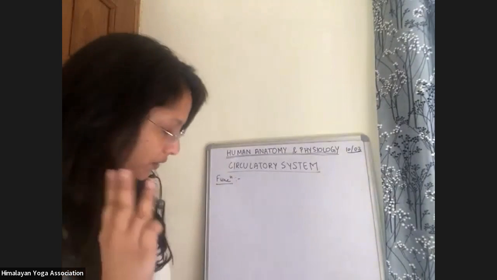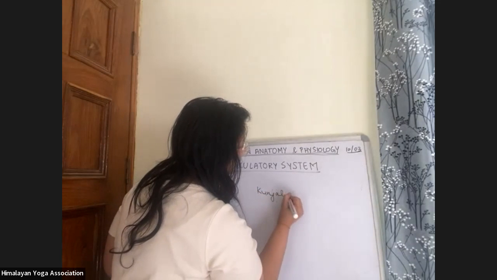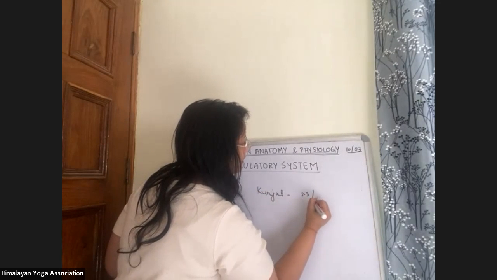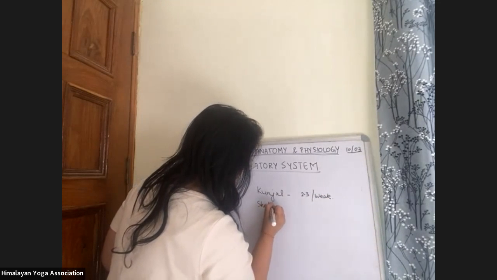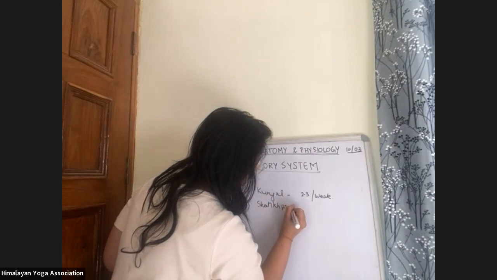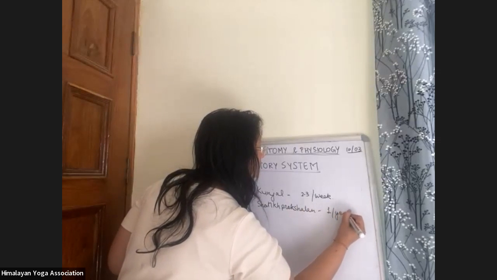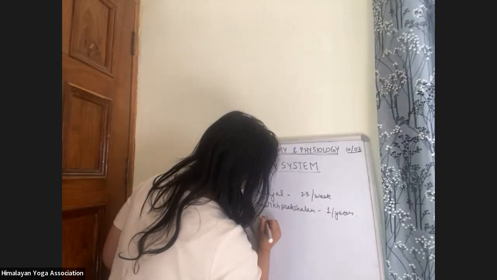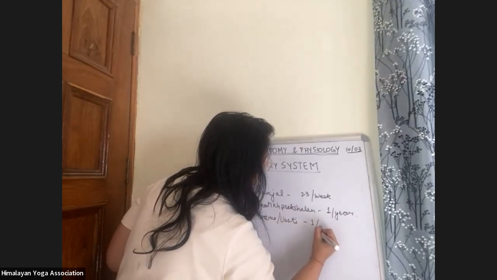And then I told that if you want to keep your digestive system healthy, you can perform 3 yogic practices throughout the year, and those are Kunjal, which you can do 2 to 3 times a week, then Shank Prakshalan, which you can do once a year, and then Anima or Vasti, which again you can do once a year.